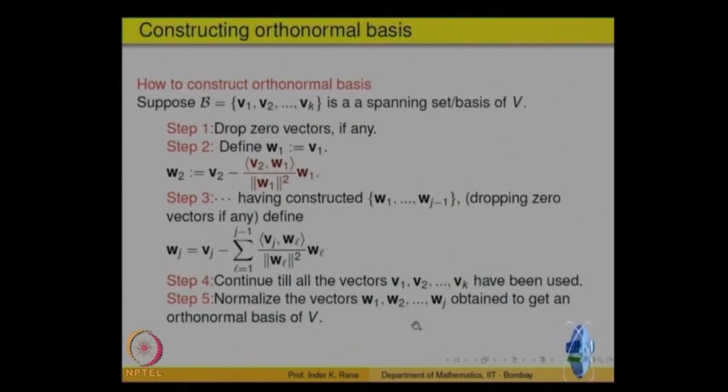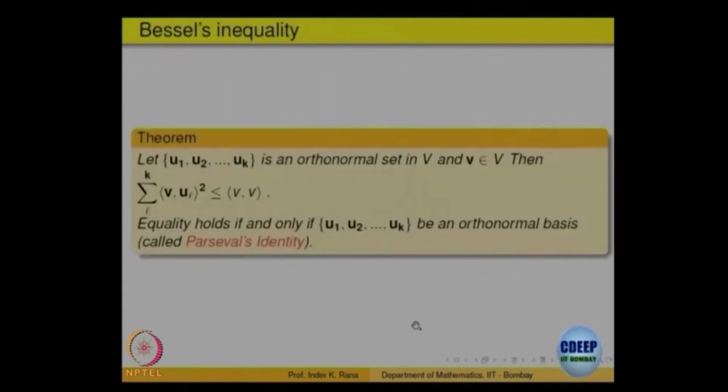So we will continue with the further ideas. We also proved what is called Bessel's inequality, which said that if you are given an orthonormal set, not necessarily a basis, then the sum of the squares of the coefficients |<v, u_l>|^2 is always less than or equal to the norm of v squared, and equality holds if and only if these form an orthonormal basis.